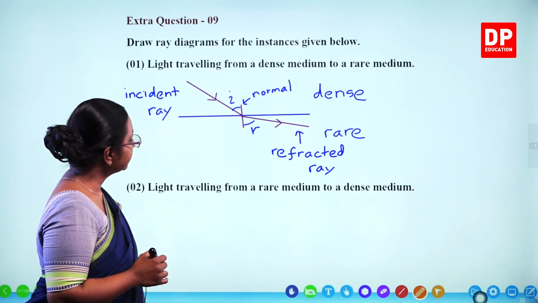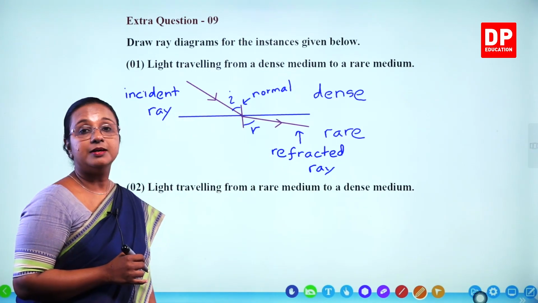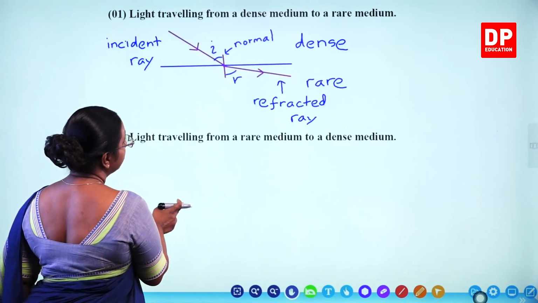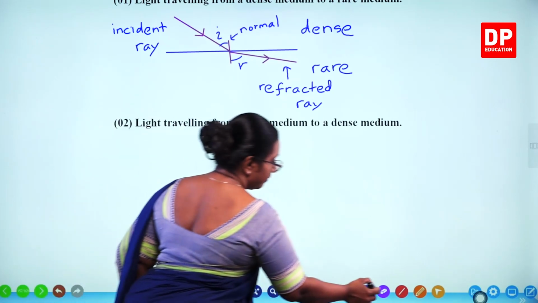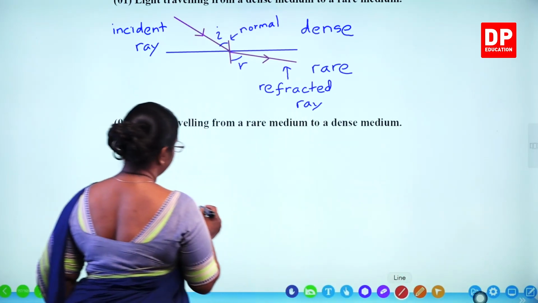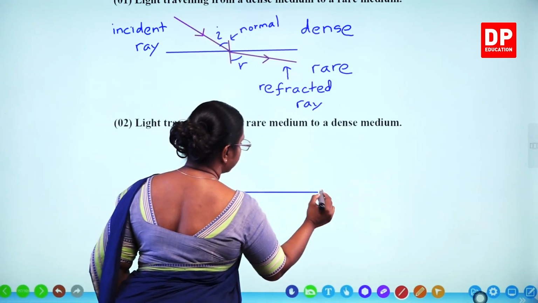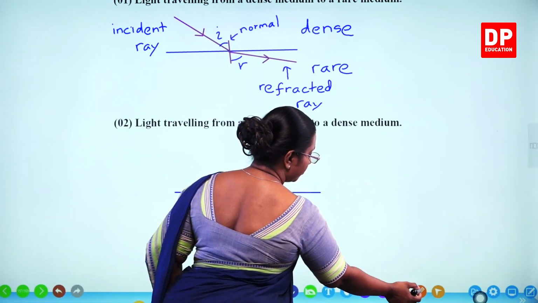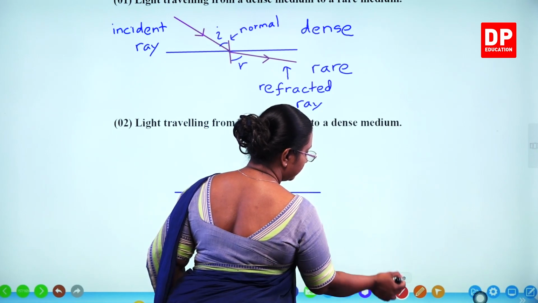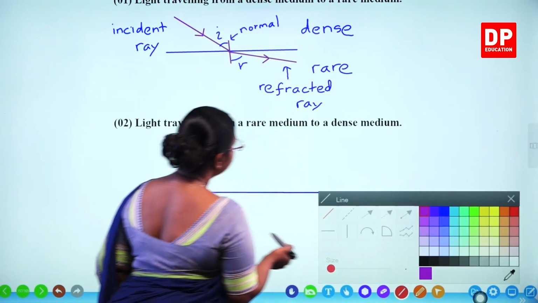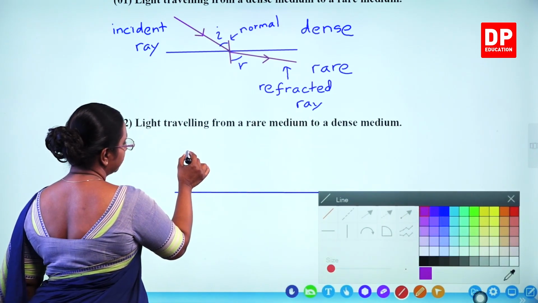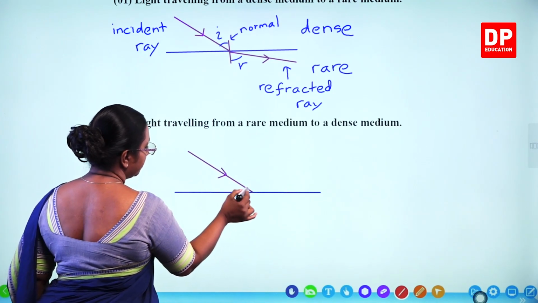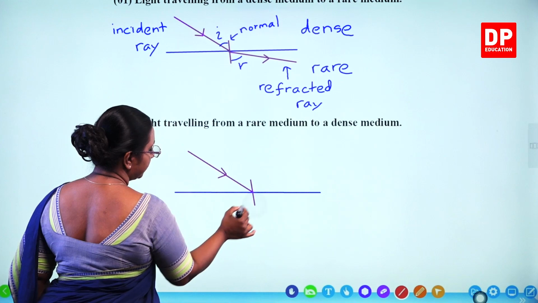Then a light traveling from a rare medium to a dense medium. So you know that has to be different from this first one. Again we draw the interface, and I will use a different color to denote the rays. So again a ray coming like this. We need to have the normal here.